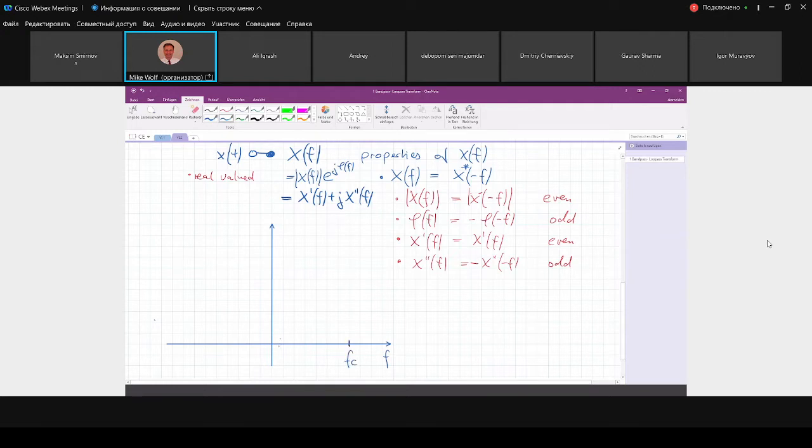This is a huge frequency in optical communications, 100 terahertz or so. If we do radio frequency transmission, like Wi-Fi, it's 2.5 gigahertz, for instance. And we see the same on the left-hand side. Here we see minus Fc.